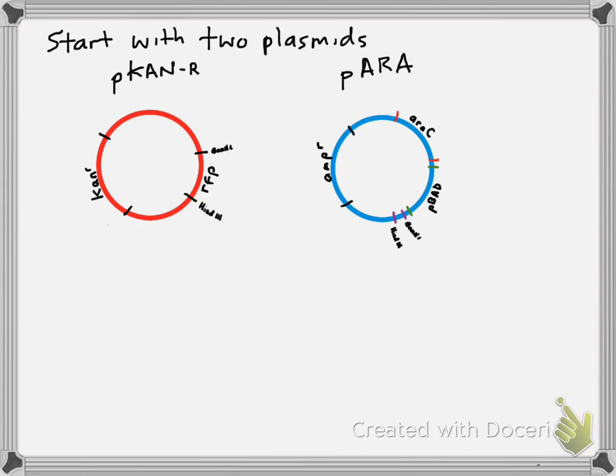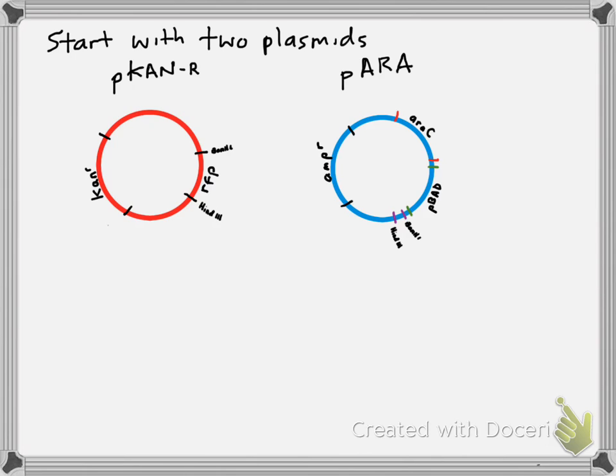Okay, so remember that we had four tubes, and there was a K plus and a K minus tube. The K plus has the pKAN plasmid with restriction enzyme added to it, the two that you see here, and then the K minus tube has the plasmid without any restriction enzyme.